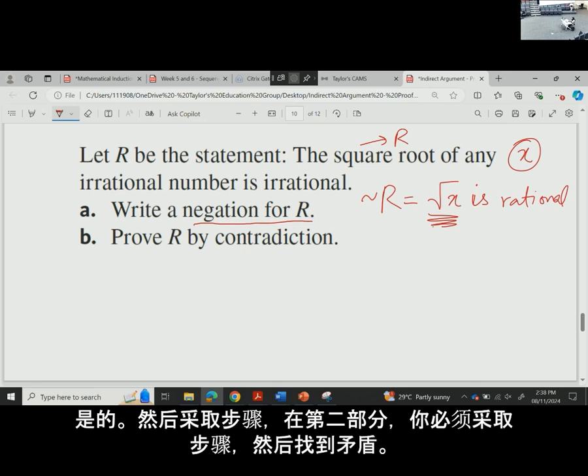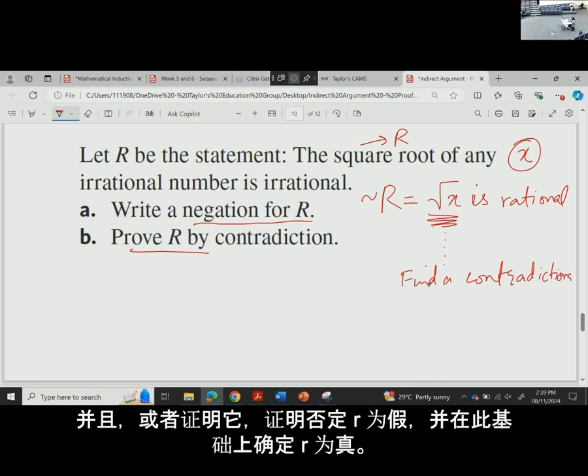And then take the steps. In the second part, you have to take the steps and then find a contradiction, and or prove negated r to be false, and based on this establish that r is true.